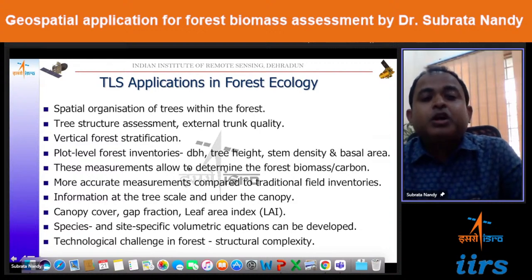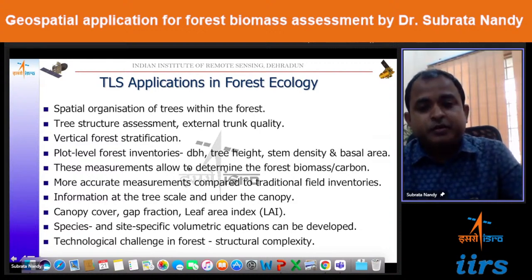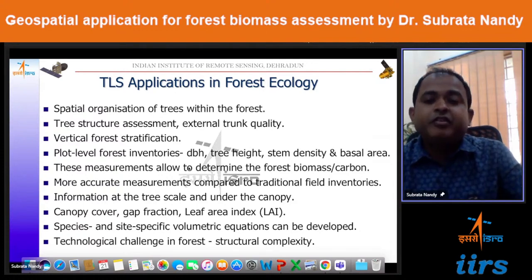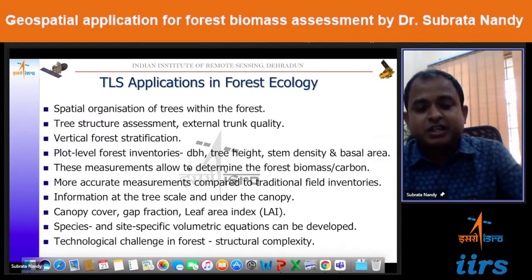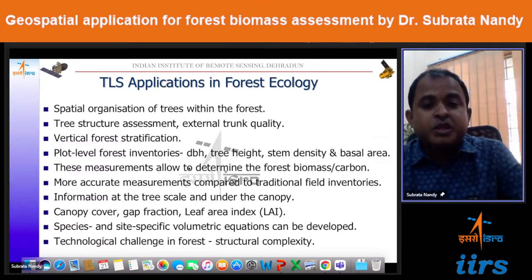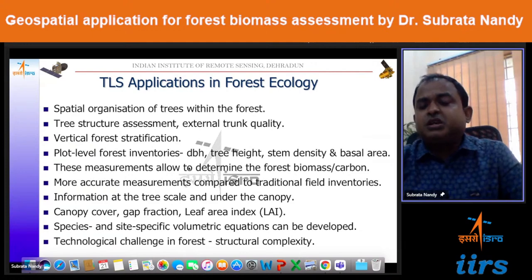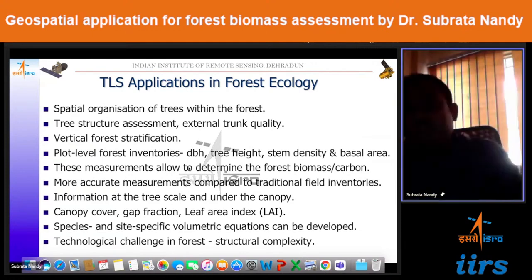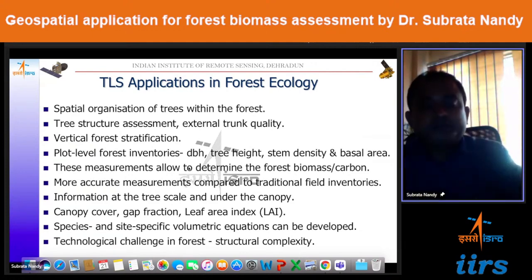The main application of the terrestrial laser scanner is getting plot level forest inventory information like diameter at breast height, tree height, stem density and basal area. Vertical forest stratification is also possible, and one of the most promising scopes could be the generation of species-specific as well as site-specific volumetric equations.